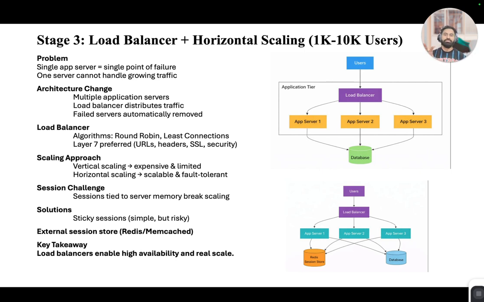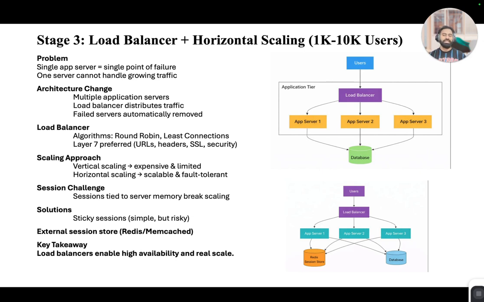Vertical scaling means expanding the server, upgrading the CPU or memory, which is easy to do but very expensive, and there is a hardware limit. Doubling the capacity can cost 3 to 4 times more. So this is about vertical scaling.